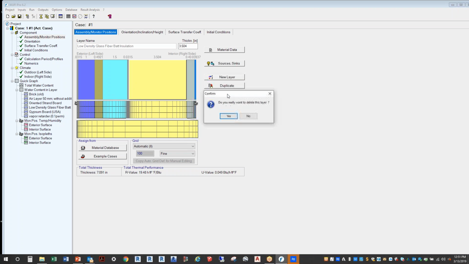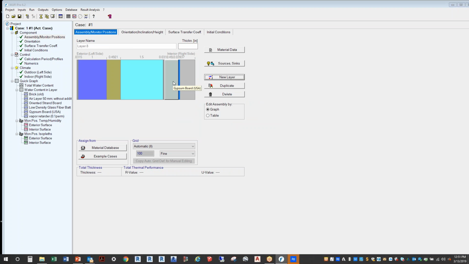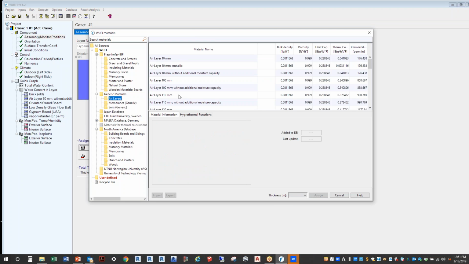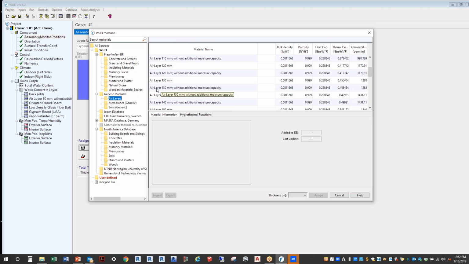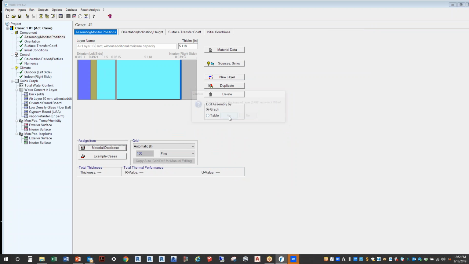And then we probably have another airspace in here, new layer. We'll call this a generic material, air layers. We'll do a really thick airspace, 130 millimeter, 5 inches. We'll change that to 12 inches.